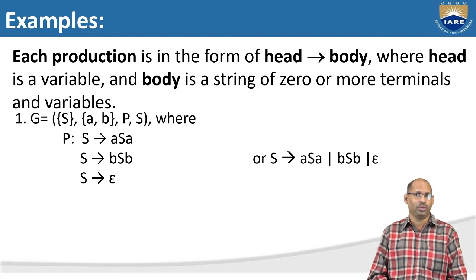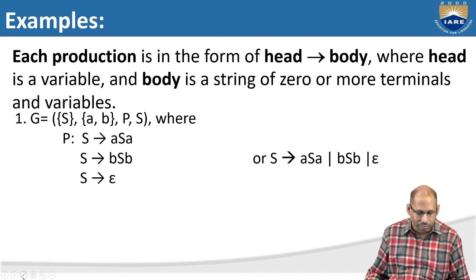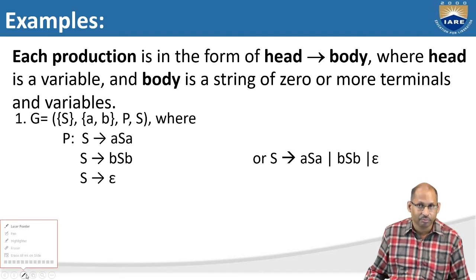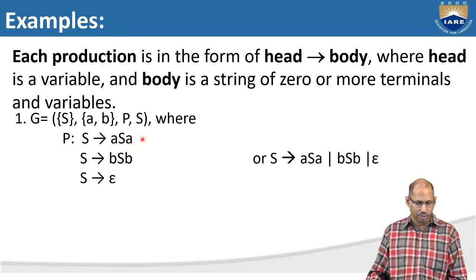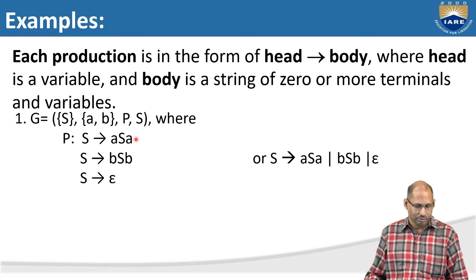So we have three productions. The first production is S gives ASA, the second S gives BSB, the third S gives epsilon.